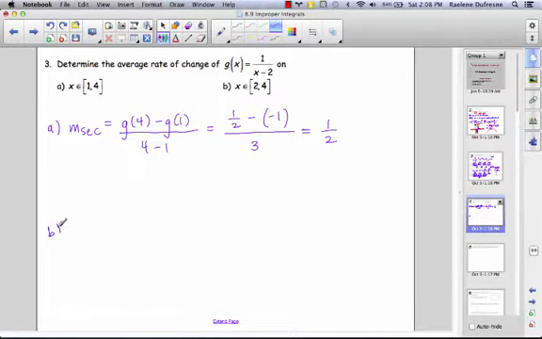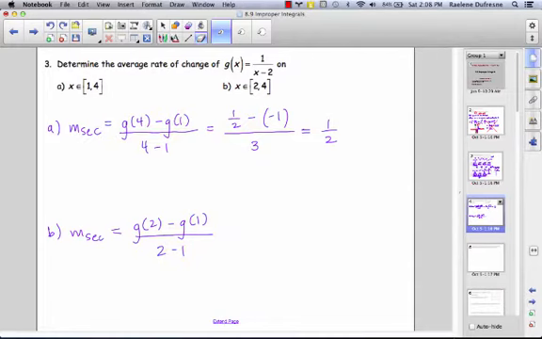And then if we take a look at part B, the secant slope is going to be g of 2 minus 1 all over 2 minus 1. And so when x is 2, y is undefined. And we see that that's a bit of a problem because undefined on this graph is either going to be positive or negative infinity for the y value, so we can't work this out.